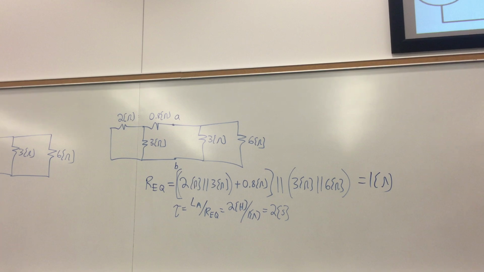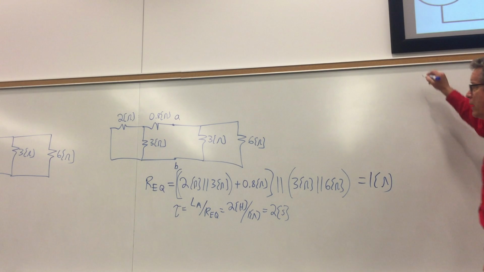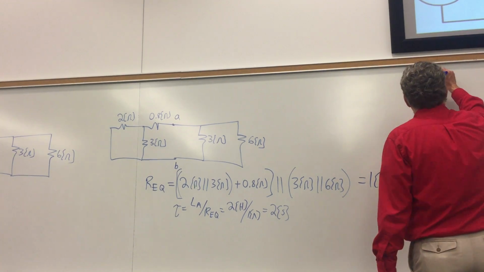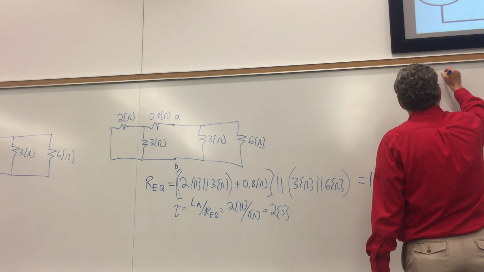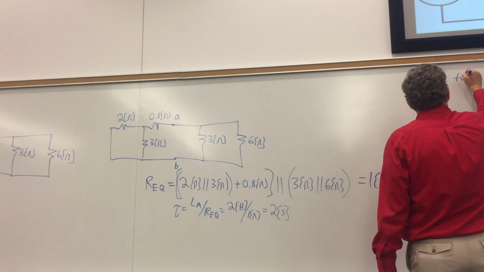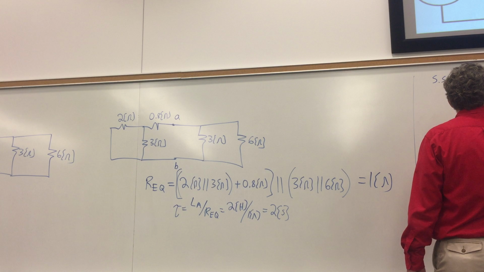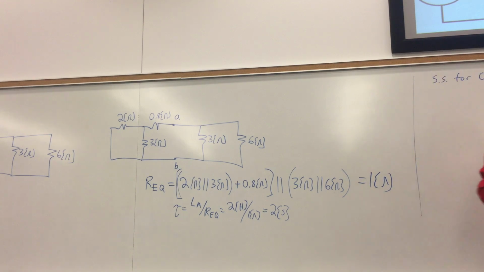We need the steady state value for t between 0 and 1 second. Here's the way I'd like you to refer to this. Say, steady state for 0 less than t less than 1 second. That's the way I'd like you to write it.